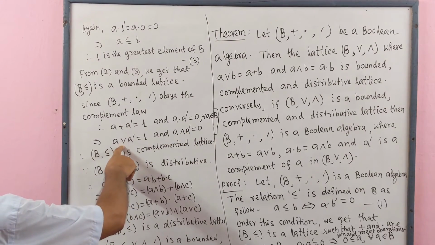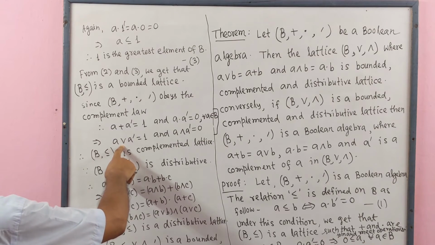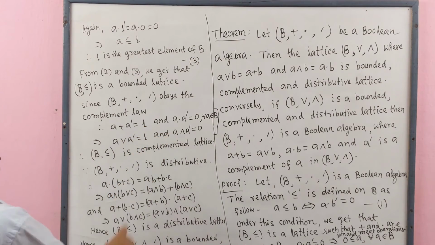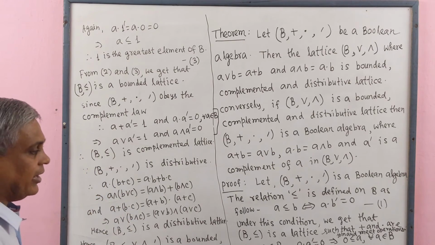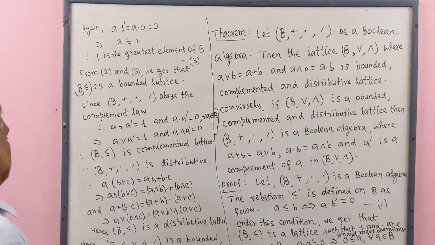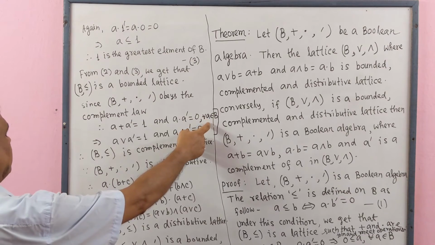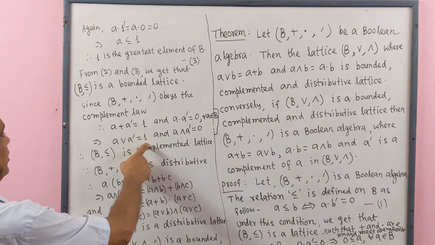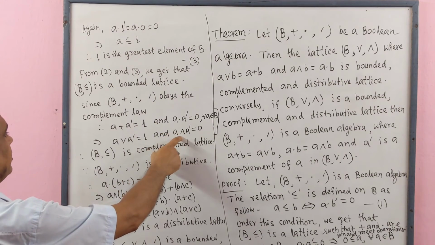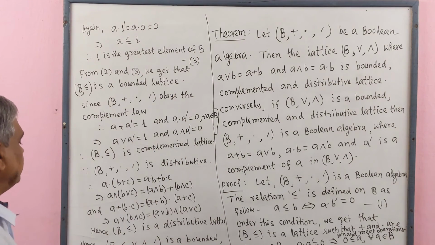This is the complement law for the case of lattice, that is B is a complemented lattice. For any element A, we get this relation A join complement of A equal to 1 and A meet complement of A equal to 0.